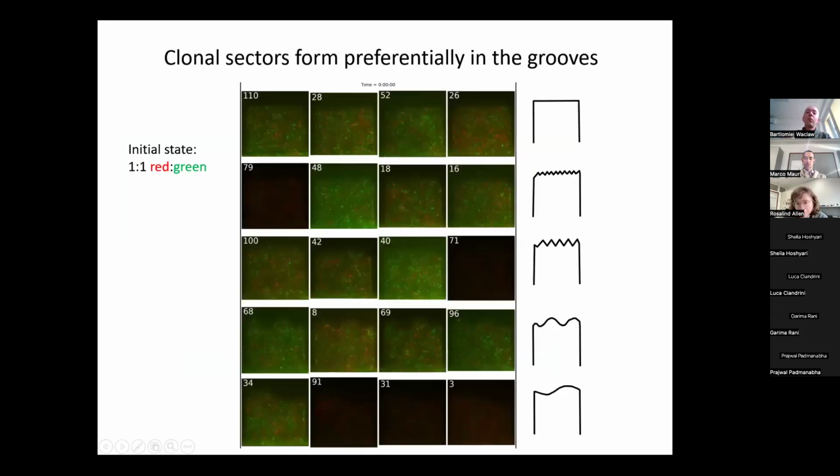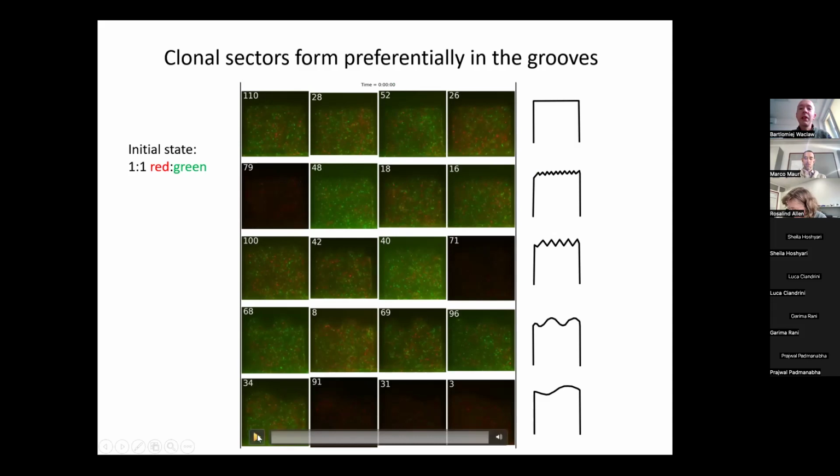Okay, so I will show you now a video of what happens when this system is inoculated with two strains of E. coli. One is green, one is red fluorescent. They are initially in equal proportions, and then we let them grow for a couple of days.